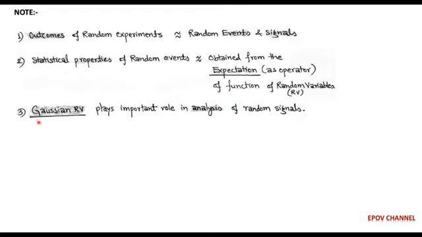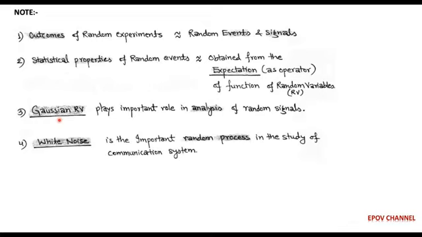Third point is Gaussian random variables. For the analysis of random signals, Gaussian random variables play an important role. These random variables are used for obtaining the noise performance in communication systems, which we will discuss briefly in our upcoming video lectures.